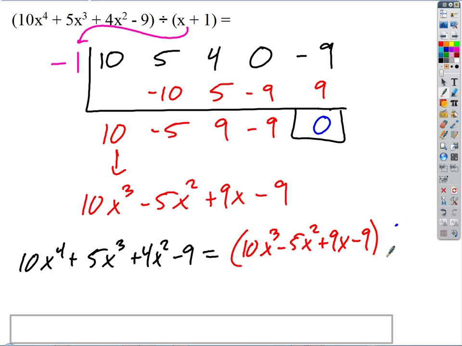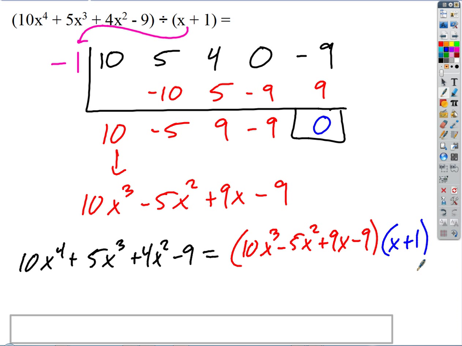Exactly. See that? If this quartic polynomial divided by x plus 1 equals this cubic polynomial, isn't that the same thing as saying this cubic polynomial times x plus 1 equals the big polynomial? Yep. Okay, so this is a great trick for us.